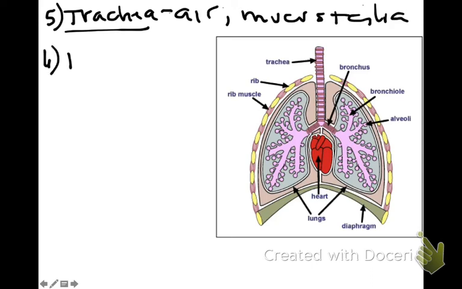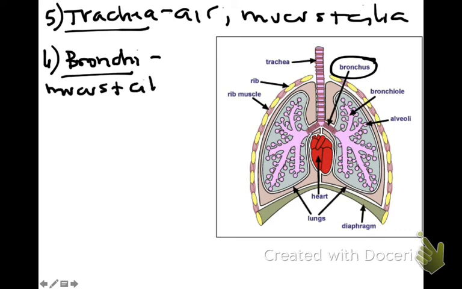Next up is the bronchi. You have two, a left bronchus and a right bronchus. And the bronchi, you can see labeled over here, are also lined with mucus and cilia. So we're still warming, moistening, and trapping the bad guys, anything that we don't want to get into our lungs. We want to protect our lungs.